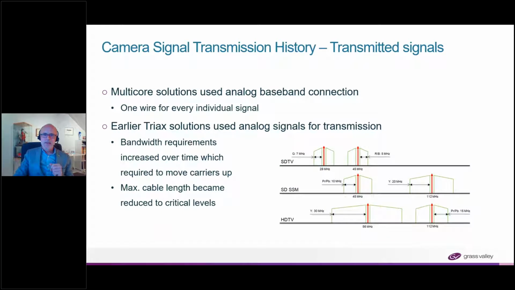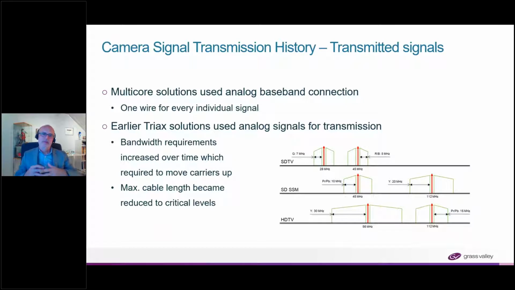But also the signals which were sent over the different kinds of cables have changed. The multi-core solutions always had analog baseband signals; every single signal had its own wire. The earlier triax solutions also used analog signals, and the analog signals were multiplexed on different carriers.